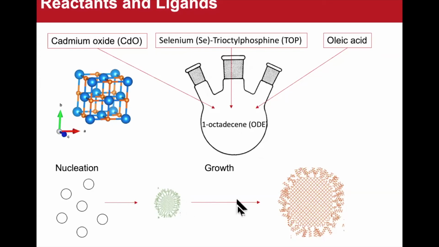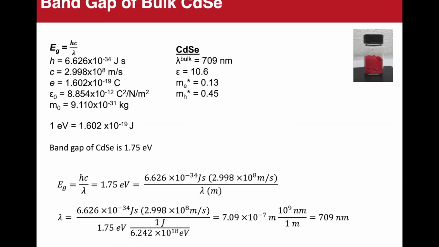And over time, the particles will grow, and you can see here schematically that the particle will be larger. So what happens to the optical properties of cadmium selenide over the time of the reaction?